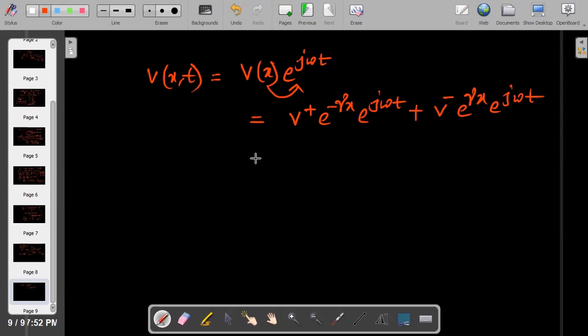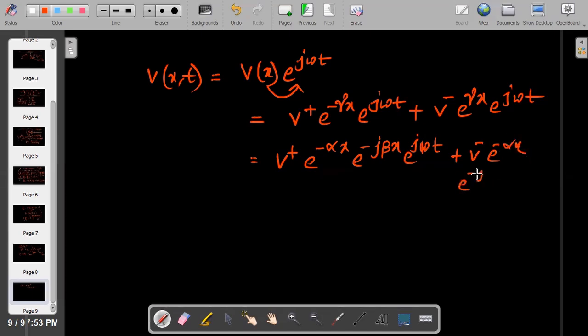So what can we write? V plus e to the power minus alpha x e to the power minus j beta x e to the power j omega t, right? Plus V minus, again the same thing, e to the power minus alpha x multiplied with e to the power minus j beta x.